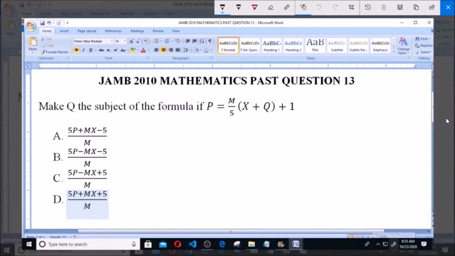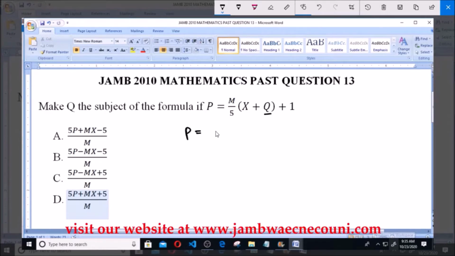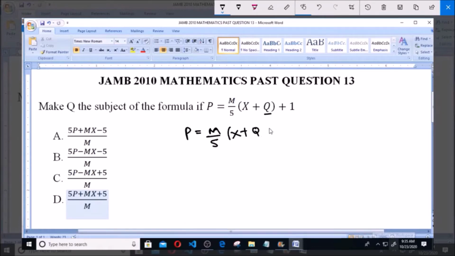Now we have to make what? Q the subject of the formula. So we have P is equal to M all over 5 into X plus Q, close bracket, plus 1. Now from this, we are going to simply multiply both sides by 5 to eliminate this 5 from here.